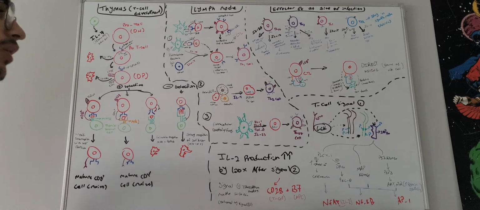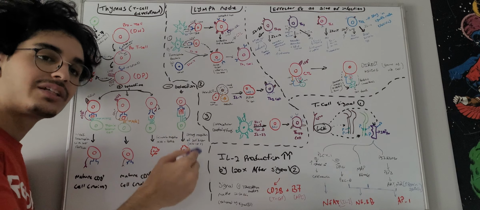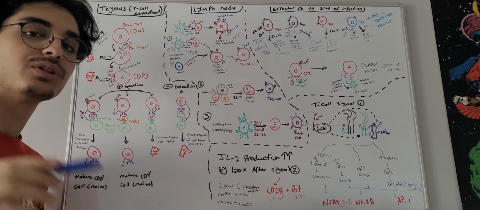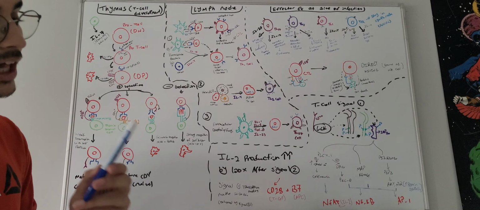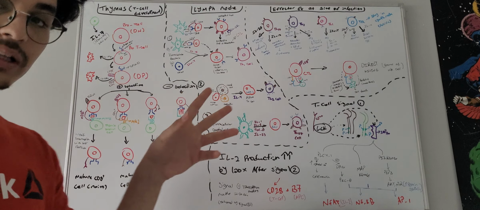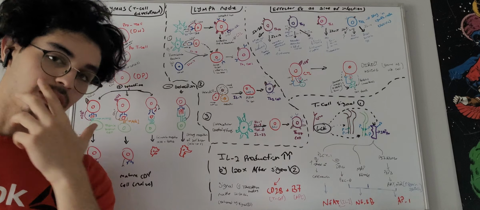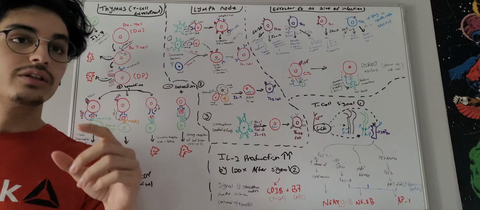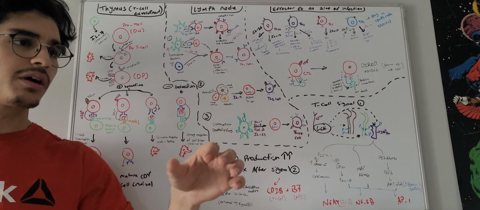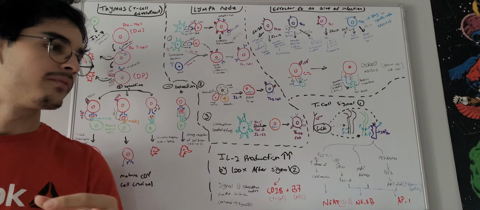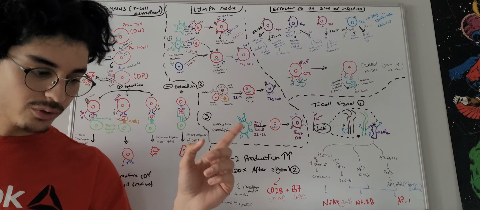Let's move on to the third one. If it's an extracellular bacteria and fungi, we're looking for a T helper 17. But specifically, who's releasing these cytokines? Dendritic cells. They'll see an extracellular bacteria or fungi, take it up, and present it.